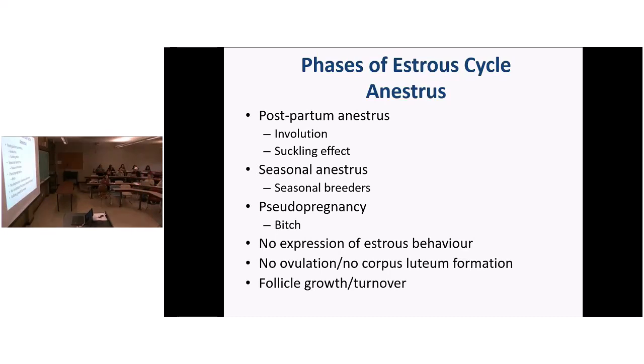But basically, the idea for this slide is, as they go into this anestrous phase, what happens? It goes to a point almost like pre-puberty. They just have follicular development, but it dies. Follicular development, it dies. Why? Because something is having a negative effect on the GnRH, LH, FSH, progesterone, estradiol axis, okay?